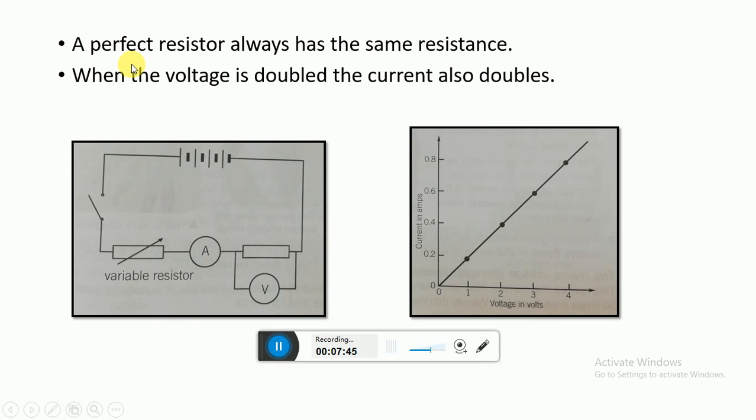If we consider a perfect resistor, it always has the same resistance. For example, if we call it a perfect resistance of 1000 ohms, that will remain 1000 ohms. But in real cases, the resistance may vary from its ideal value, maybe 10% or 5%.